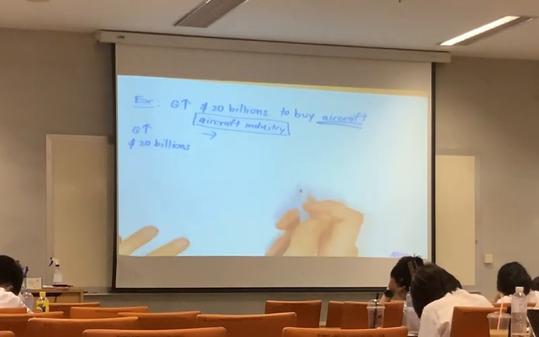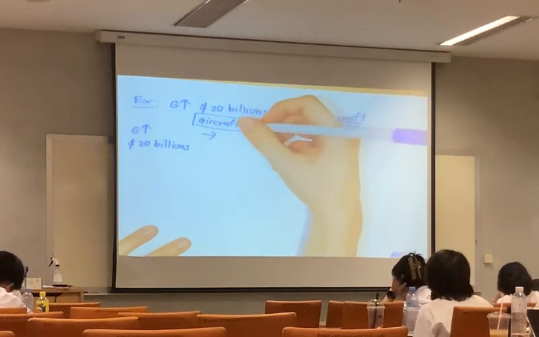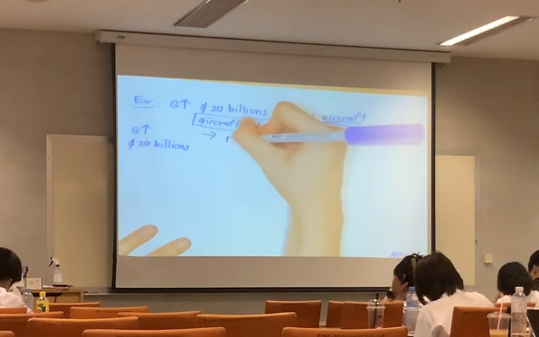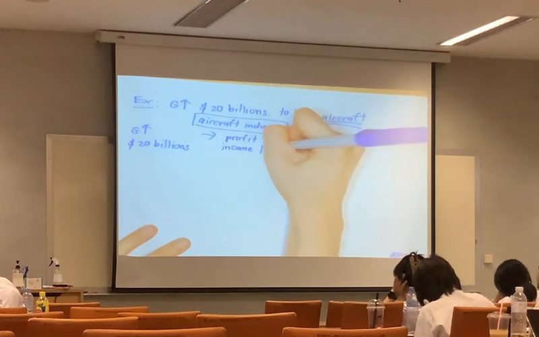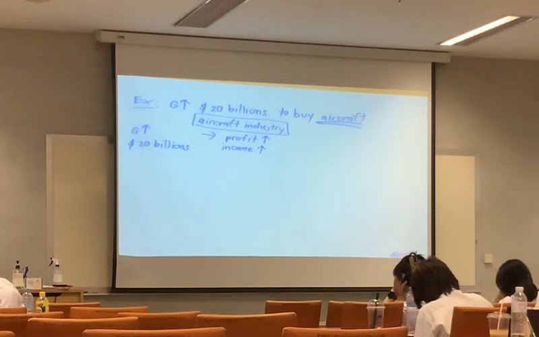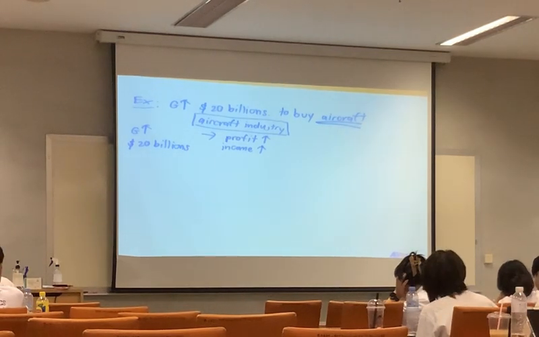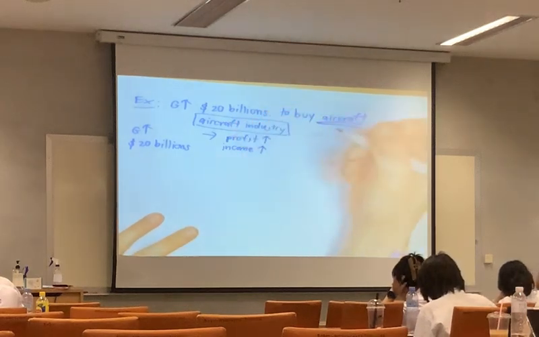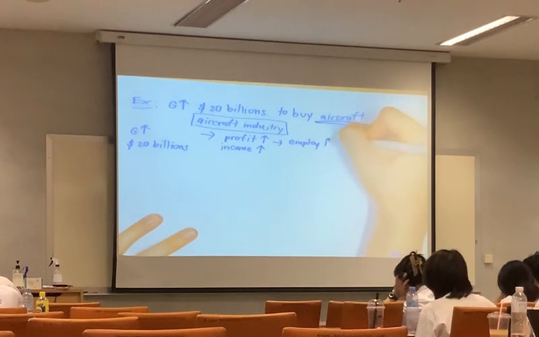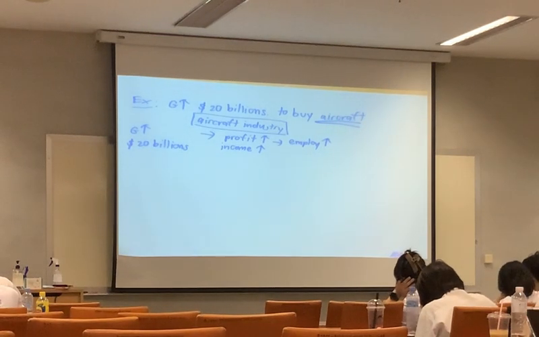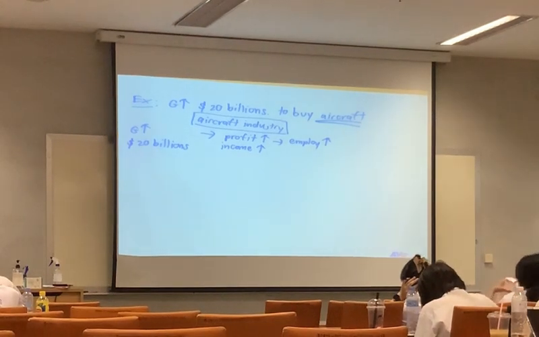So what happens is that the aircraft industry will have more profit or more income because the government buys from them. So they'll be using money to spend more. For example, they can hire more workers, because they are getting more income, getting more money, right?